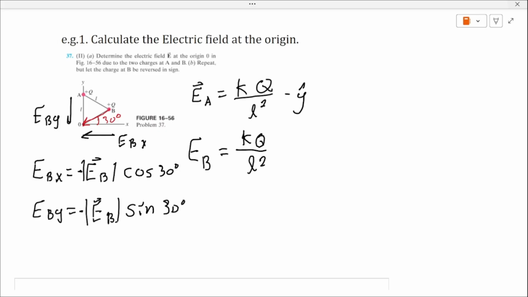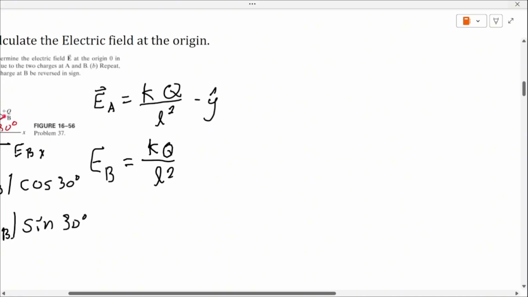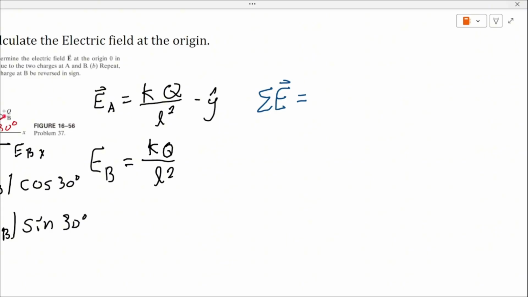So the net electric field is equal to kq over L squared plus kq over L squared sine of 30 degrees.